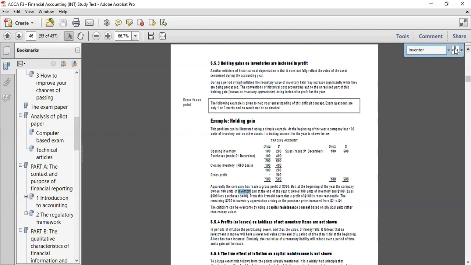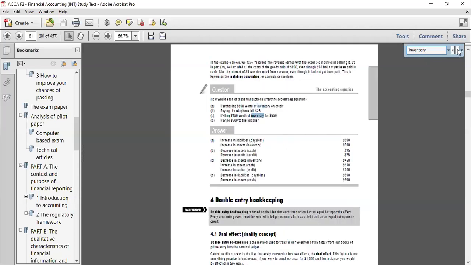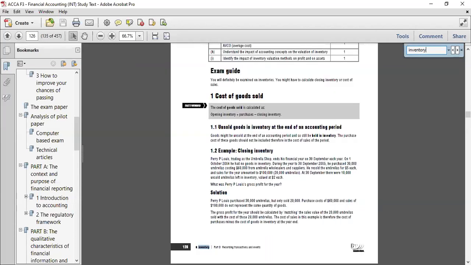So you want to make sure you're using the right word, that is inventory.